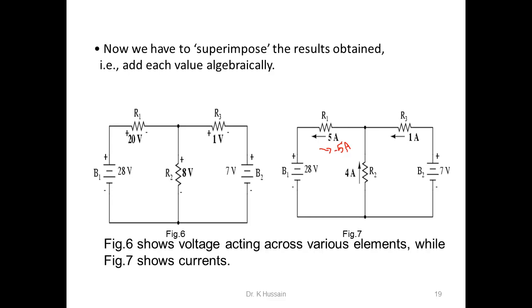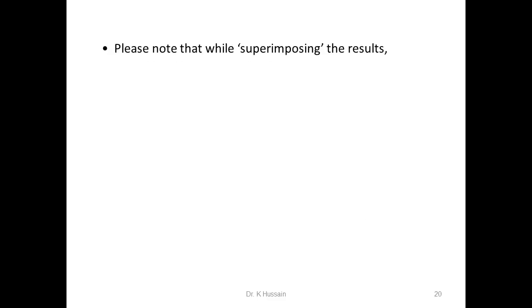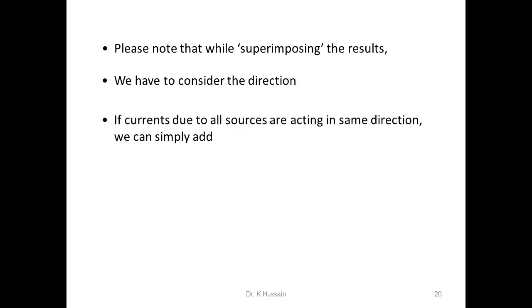Okay, you see here, figure 6 shows the voltages acting across various elements. Figure 7 shows the currents here. Please note, while superimposing, that means if you are applying both the sources at a time, you have to consider the direction for the currents, right?